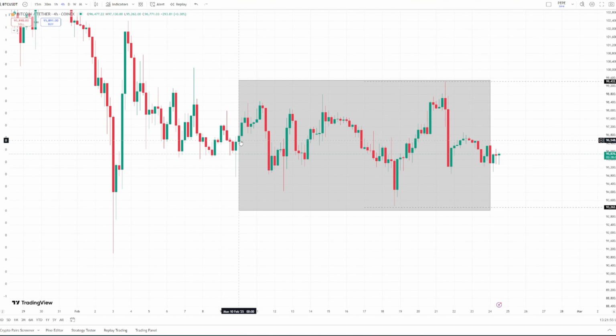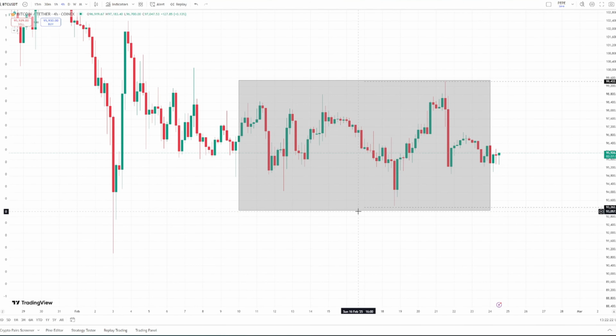The week started, it created some bullish candles, and it created a high on Tuesday. After that high on Tuesday, we saw a low, and on Wednesday we saw a green candle and then a red candle.